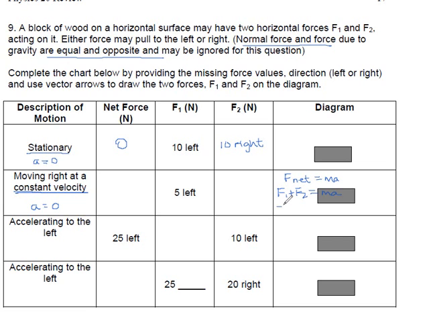F1 is negative 5, that's 5 left, plus F2 equals, we don't know the mass, but the acceleration is still 0, so all good. And from that we get negative 5 plus F2 equals 0, F2 is 5. So it's positive 5, or we could say it's 5 to the right.